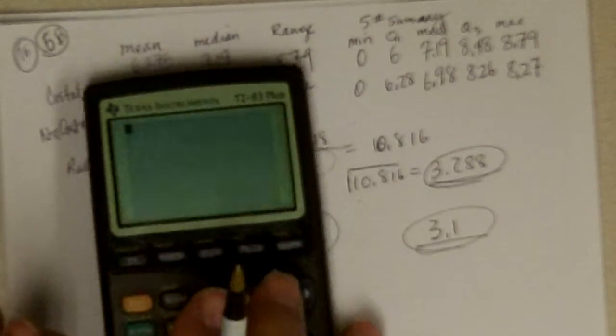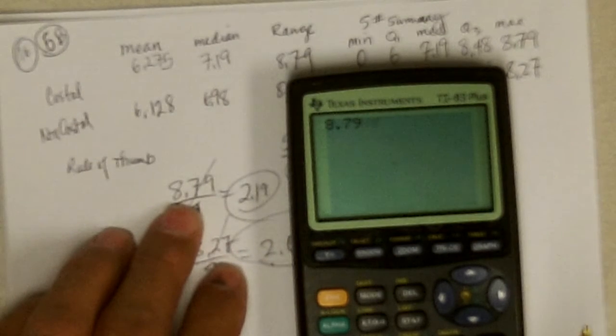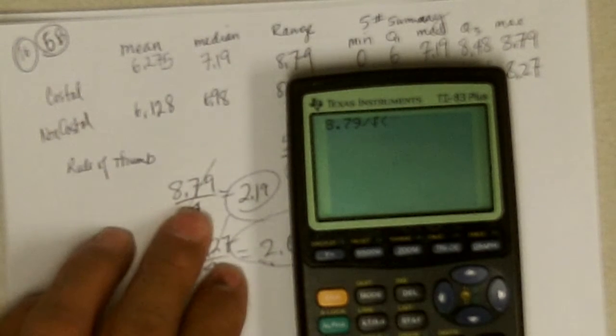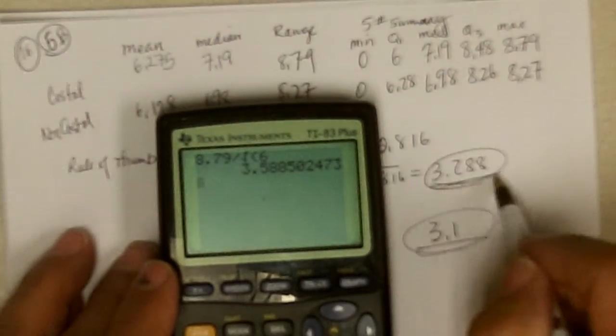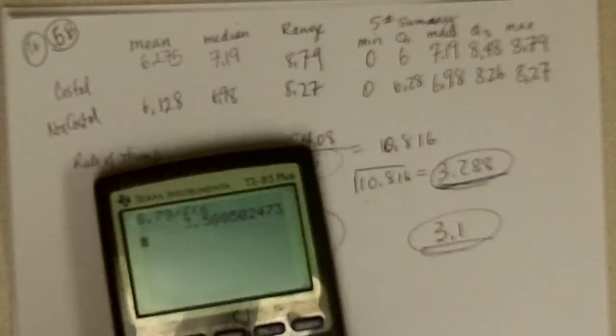Let's take the first one: 8.79 divided by the square root of 6, since it's under 15 and there's only 6 of them. You notice that gives us a better estimation of the standard deviation, and the other one was 8.27.